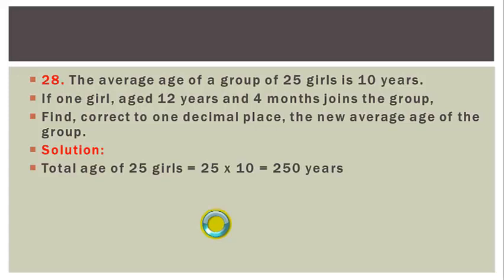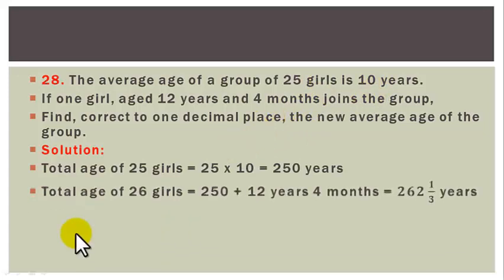If one girl aged 12 years and 4 months joins the group, we will now have altogether 26 girls. So therefore, the total age of 26 girls is equal to 250 plus 12 years 4 months. Please note 4 months is equivalent to 4 all over 12 years, which is 1 all over 3 years.